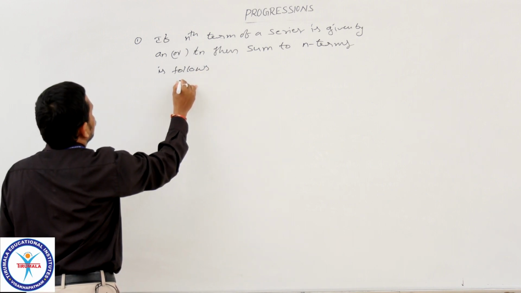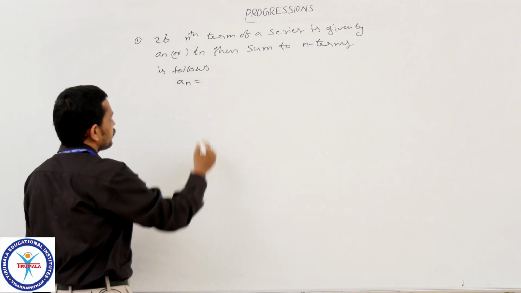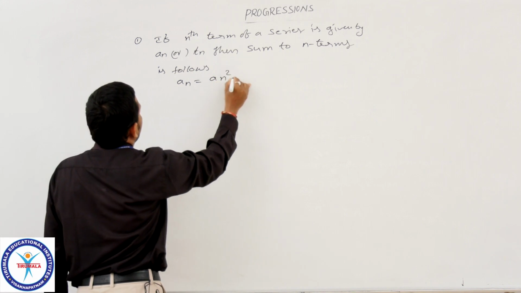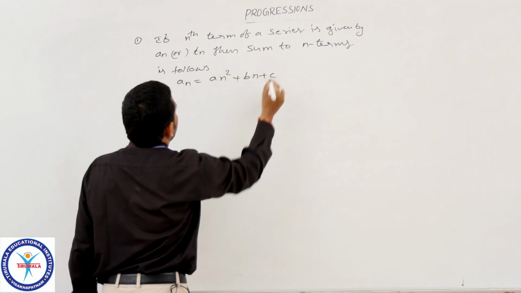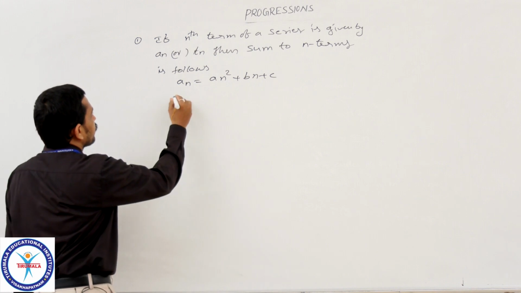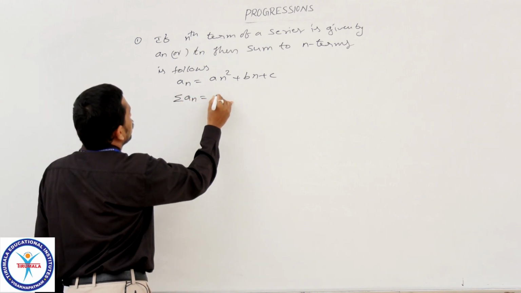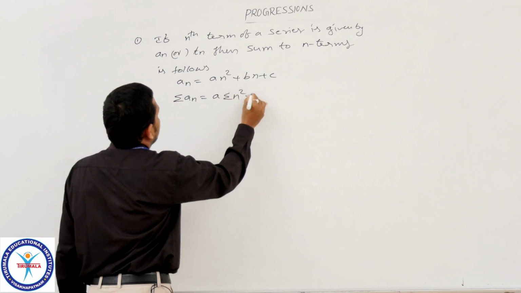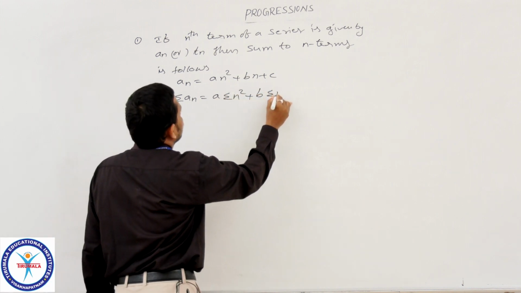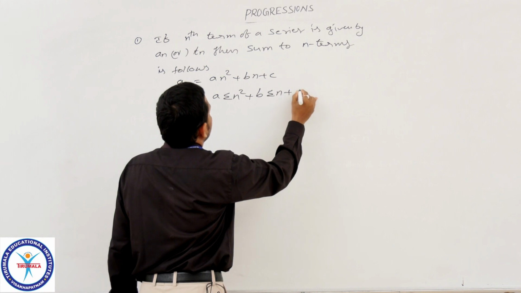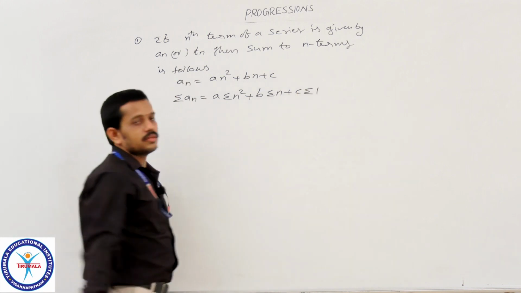If Tn, or An, is equal to An square plus Bn plus C, then the sum to n terms, sigma An, is equal to A into sigma n square plus B into sigma n plus C into sigma 1.